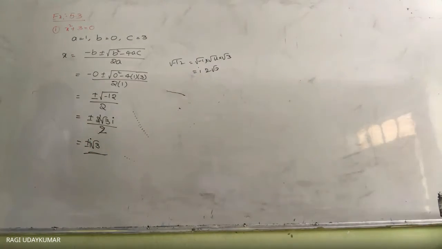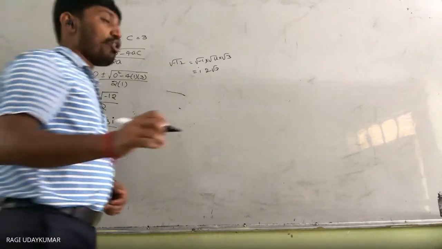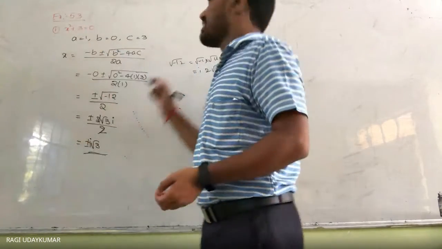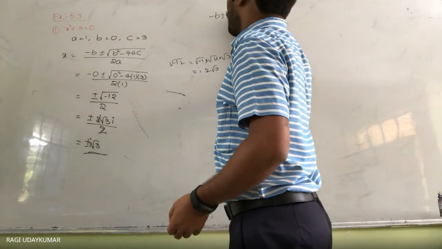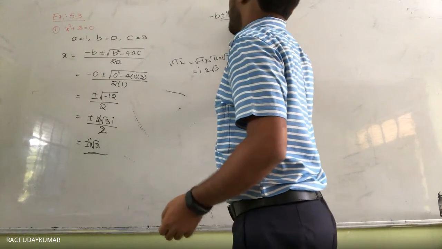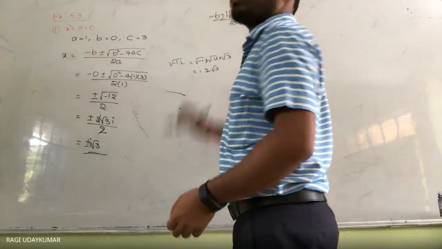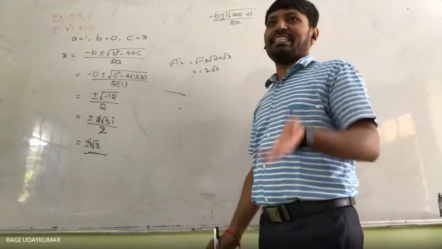Look in the textbook, anywhere, and you will see it written that way. Some of you may have written it the other way in haste, in confusion. So better to write the i at the start. That is why in the formula also, it is given as minus b plus or minus i into under root of 4ac minus b square, by 2a. The i is given first.